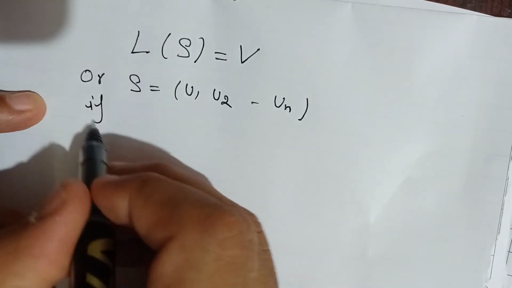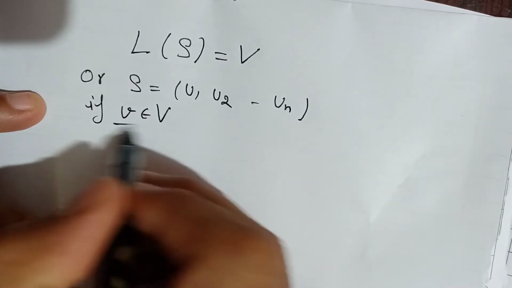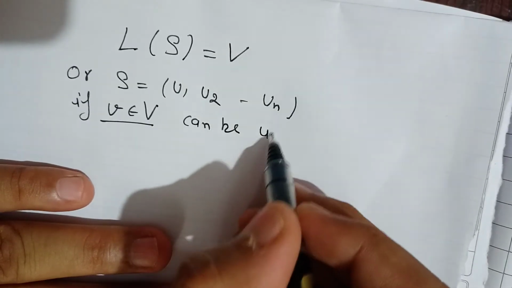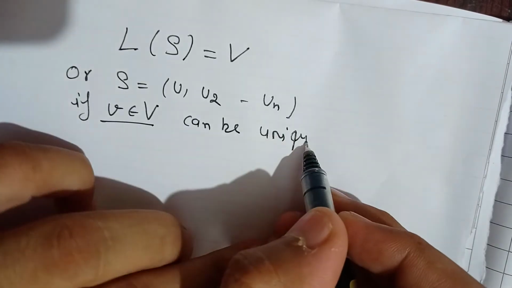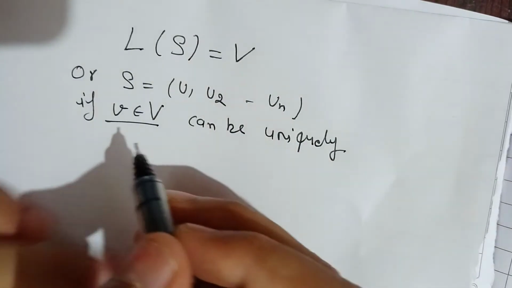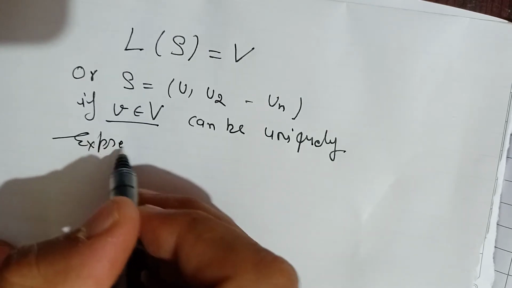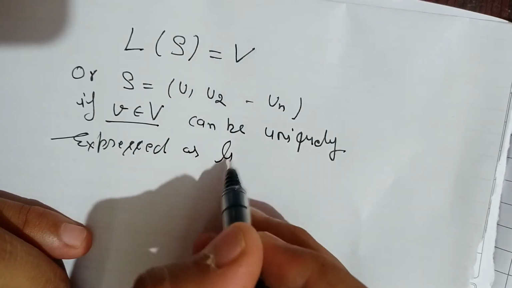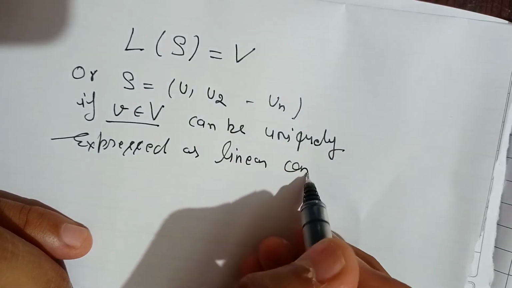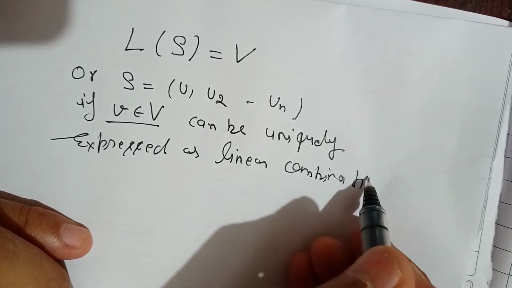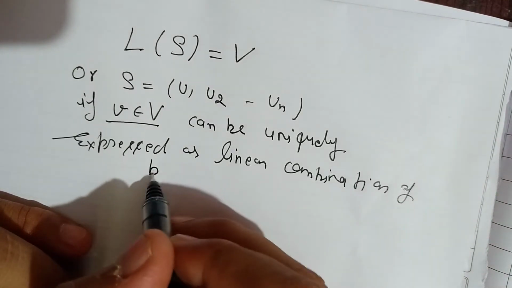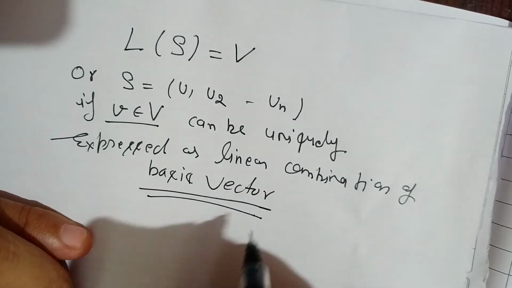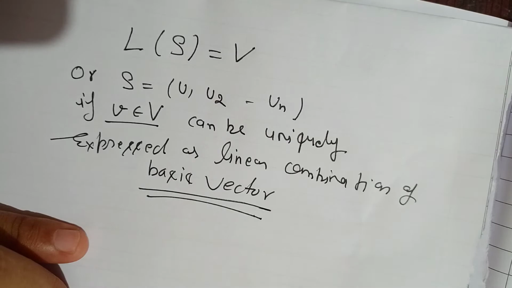If any element of the vector space V can be uniquely expressed as a linear combination of basis vectors or vectors of S. So this is the second property.